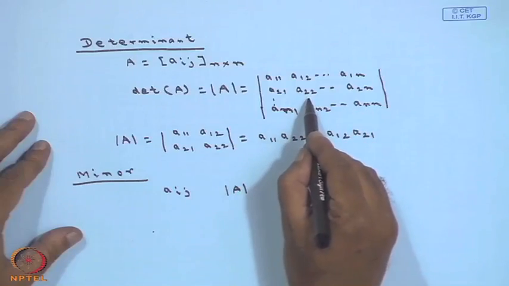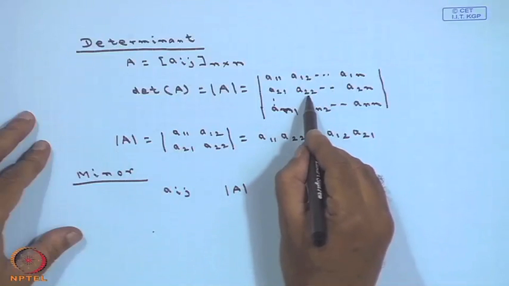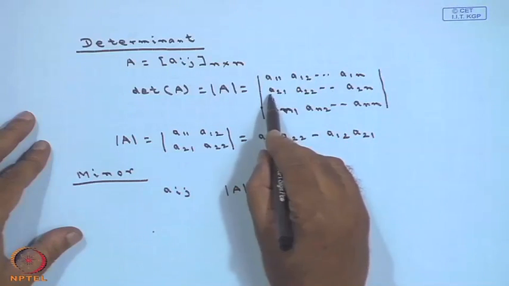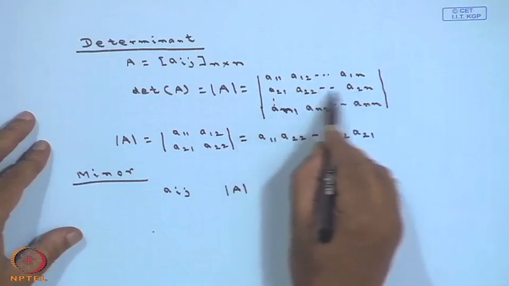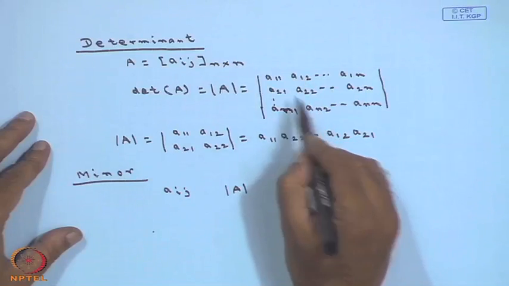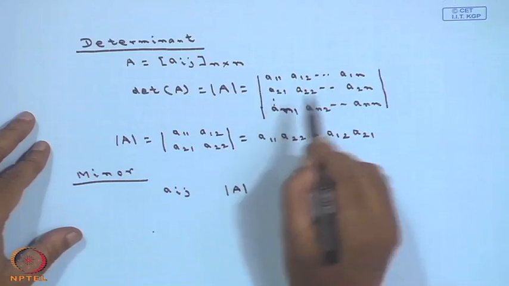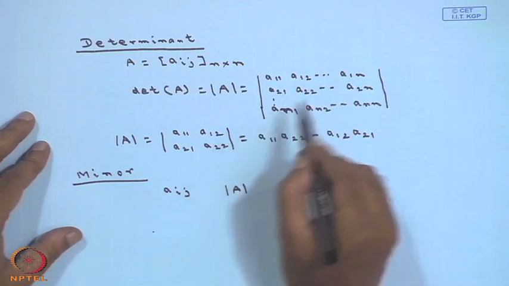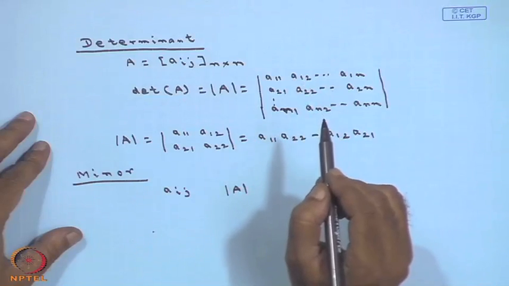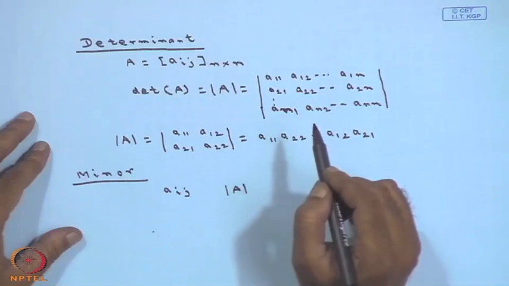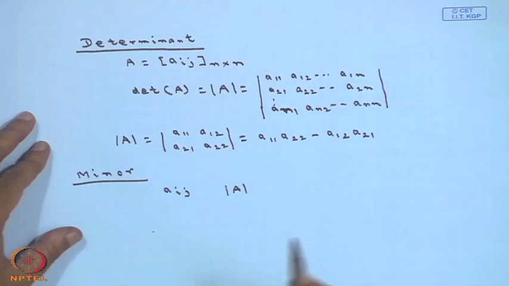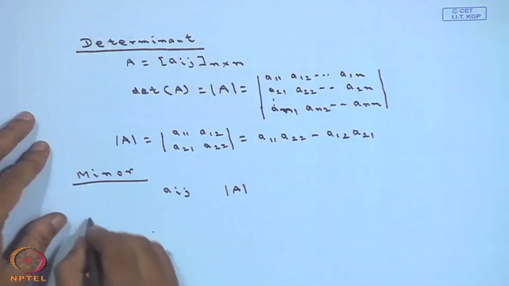If I want to find the minor of A22, I omit the second row and second column, and I get another determinant whose order will be 1 less. Since I have deleted 1 row and 1 column, the order will be n minus 1, and that we call the minor of the element Aij.